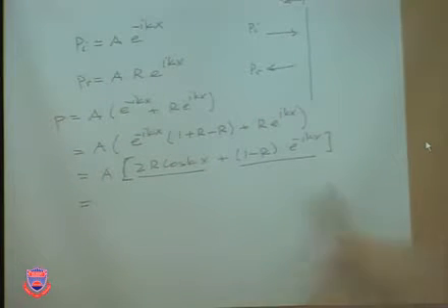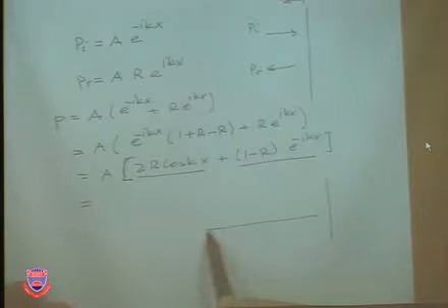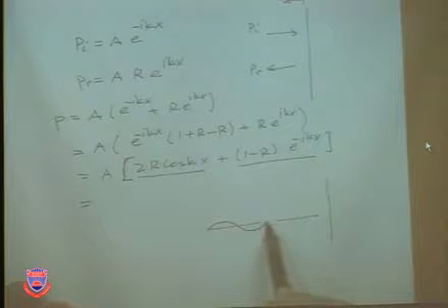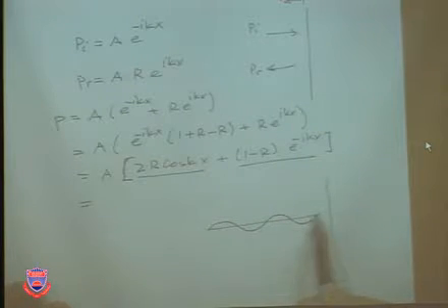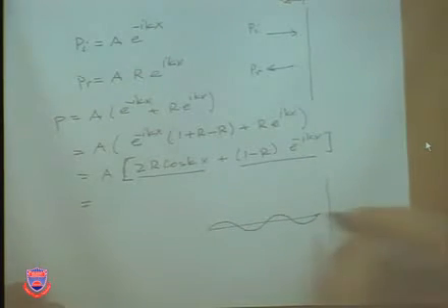Let me just take one moment and describe. Let's use a string. Remember, if you excite a string, you have waves, and then at a rigid end, it will reflect back.